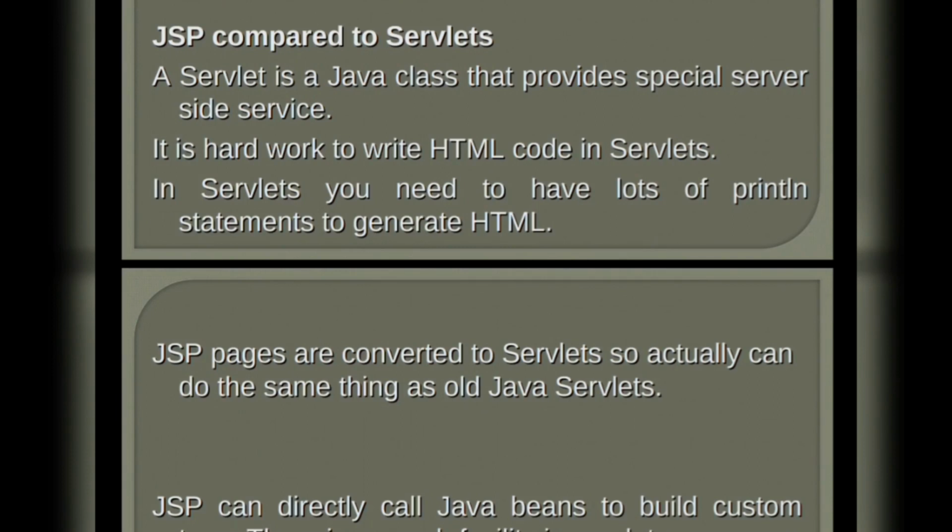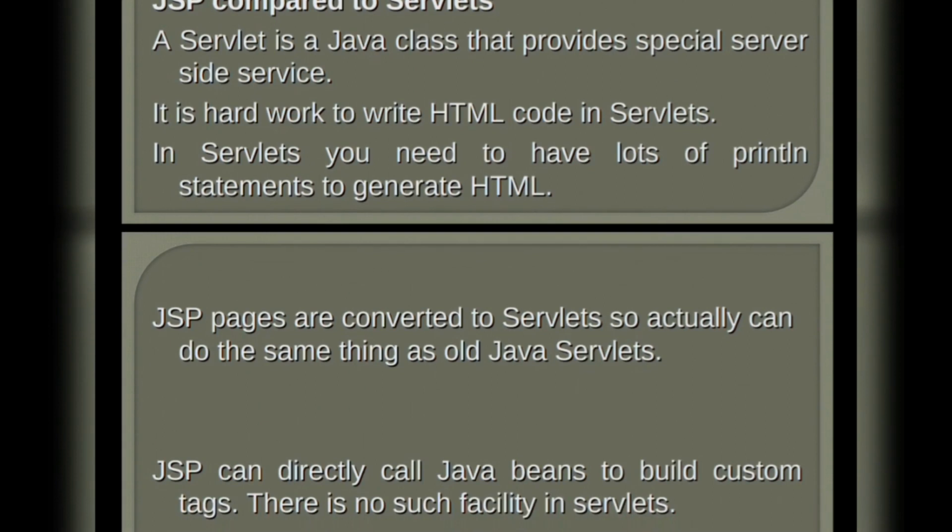Another comparison is JSP with servlets. A servlet is a Java class that provides special server-side service. It is hard work to write HTML code in servlets; you need a lot of println statements to generate HTML. But JSP pages are converted to servlets, so they can actually do the same things as old Java servlets.